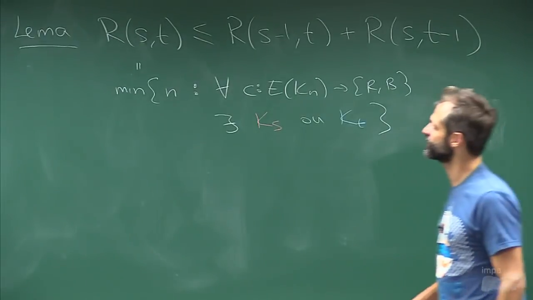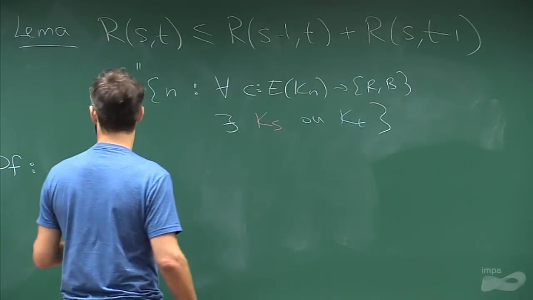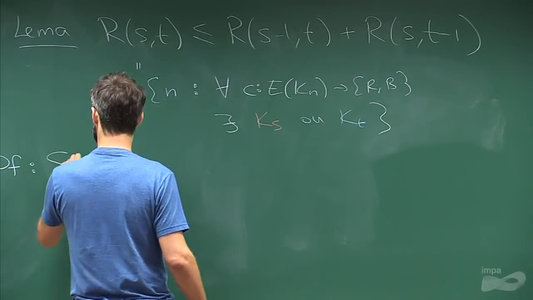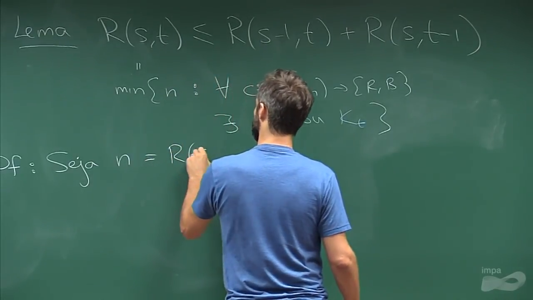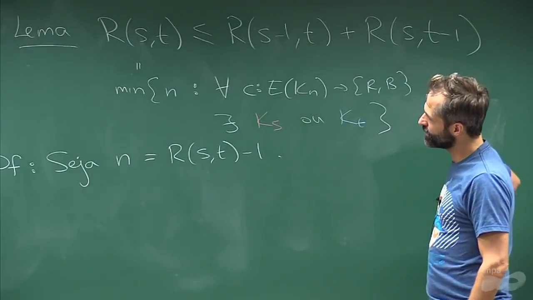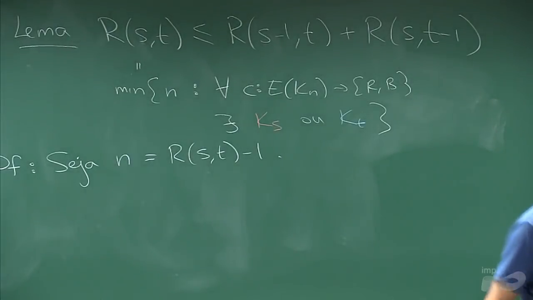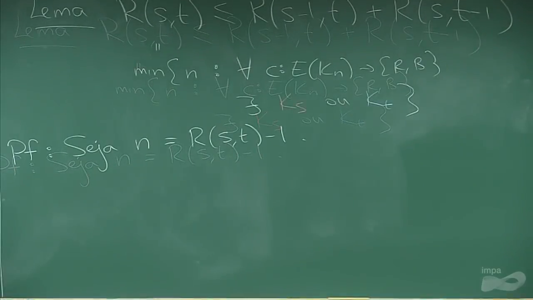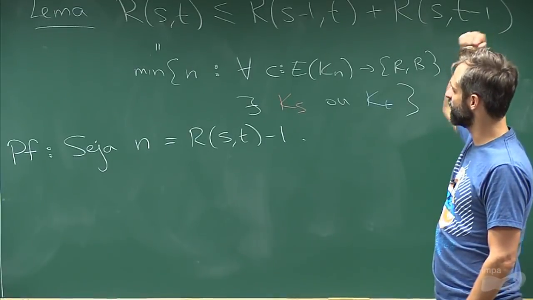So what's the proof? Set n equal to R(S,T) minus 1. We've already proved these things are finite; perhaps we can believe that from the previous class.